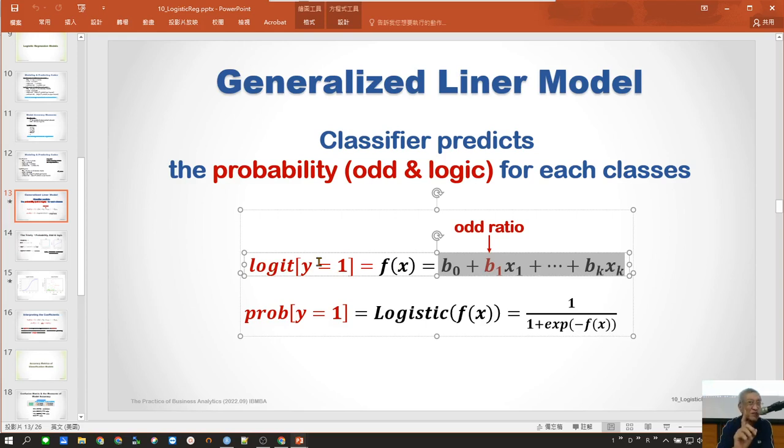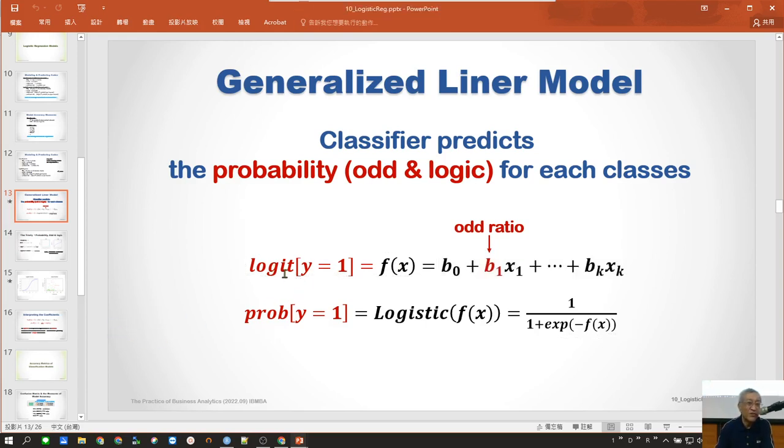It's not the probability, it's the logit. In order to transform the logit into probability, you need to apply the logistic function. That's some mathematical complication. It's not very complicated, but you need to know it before you can use the coefficients to calculate the probability.